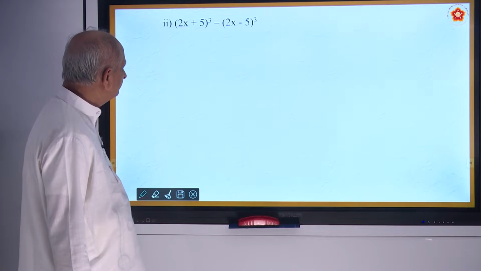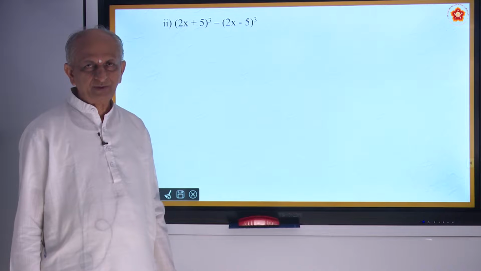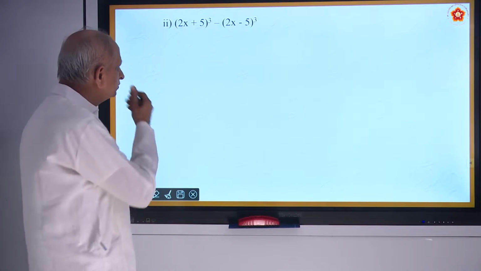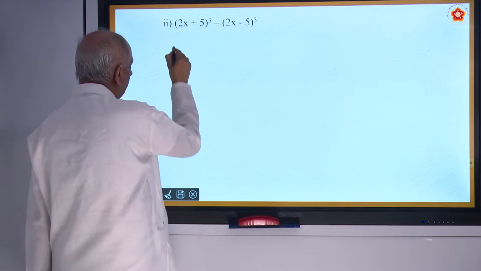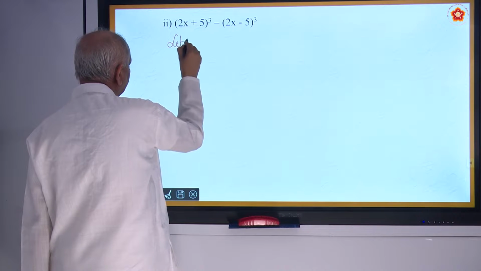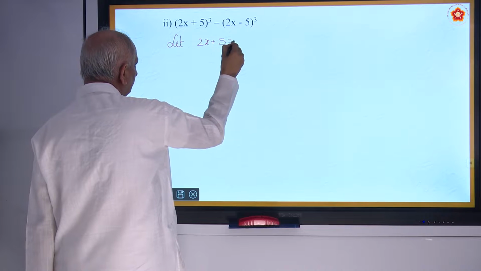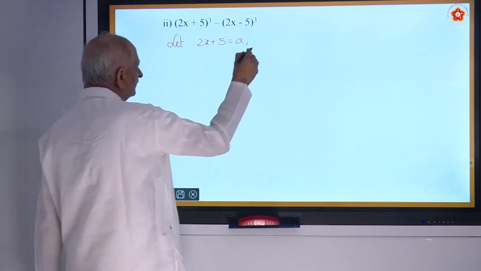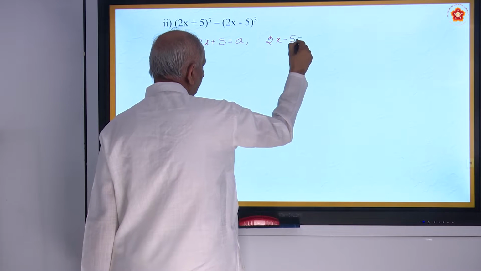Second question is (2x + 5)³ − (2x − 5)³. Now you can do it in two methods. Let 2x + 5 be a and 2x − 5 be b.